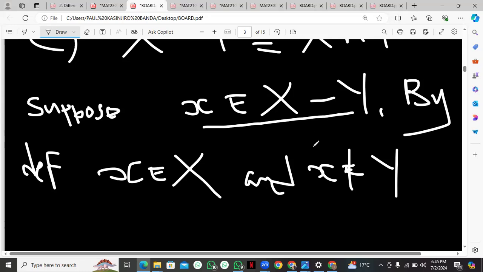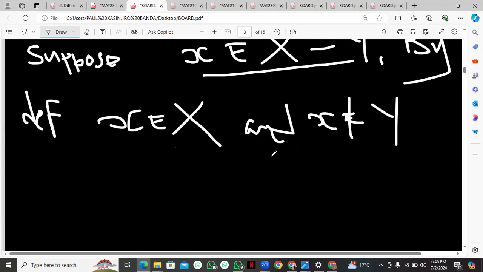From here we can maintain this part, so x is still a member of X. Then you write your and.